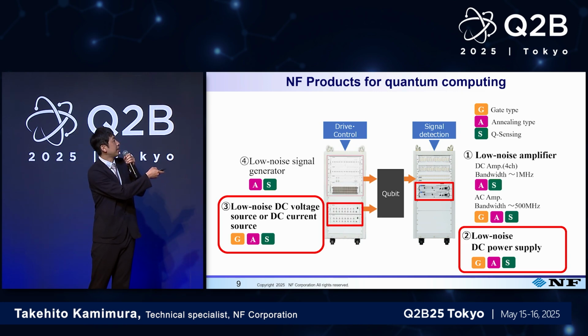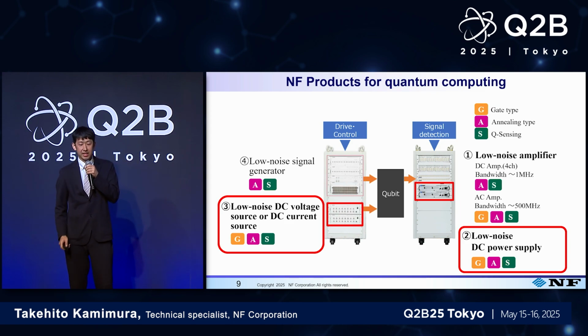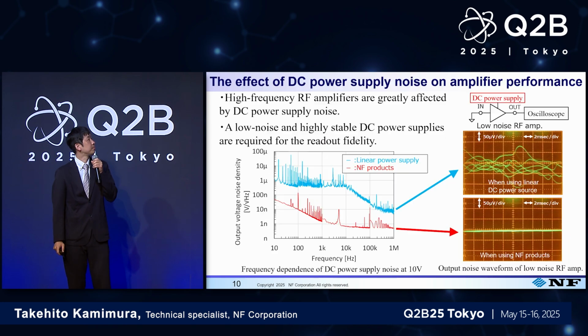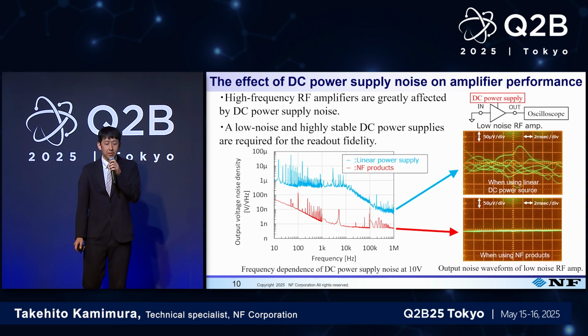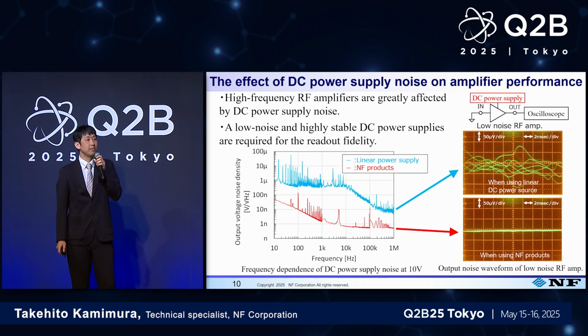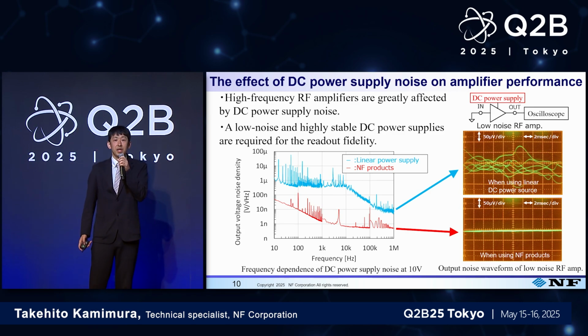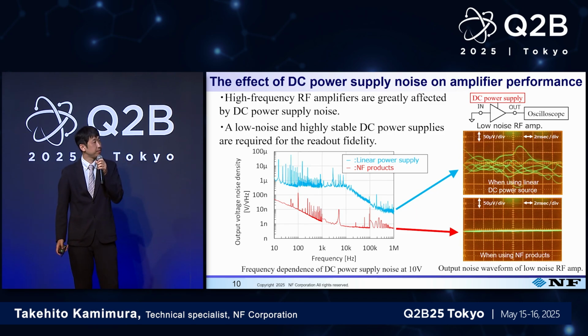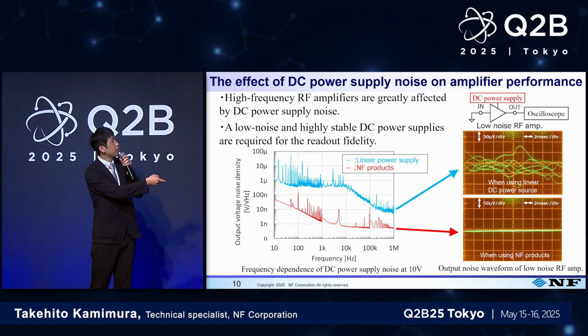And now I would like to talk about the low noise direct current power source and also the voltage source. As you see, these are the noise impact of the power source on the amplifier. Generally speaking, the high frequency RF amplifier is susceptible to power source noise.